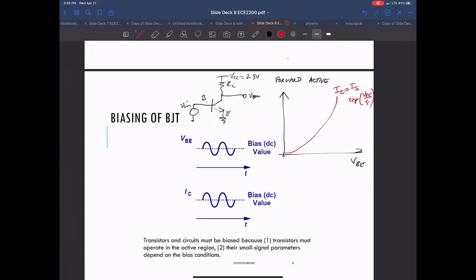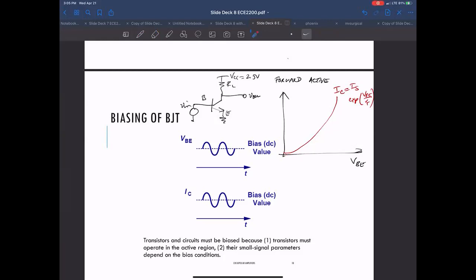For this to work properly, you can't operate the transistor at either too low a current or too high a current. Out here, there's exponential growth and your current just blows up, essentially a short circuit. And here, you have very little current, essentially an open circuit.